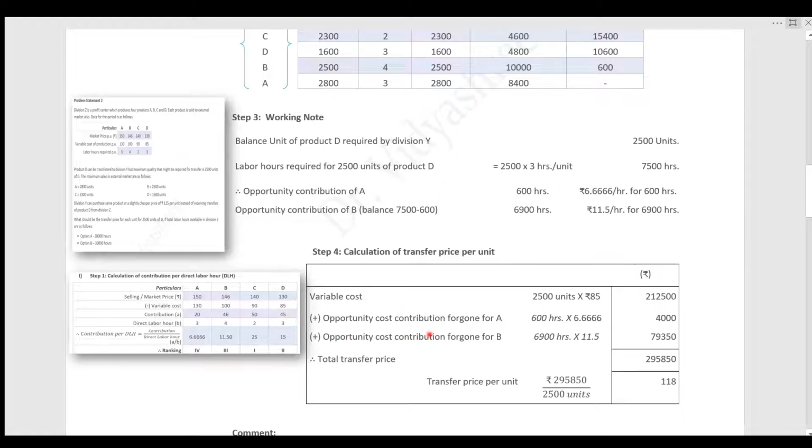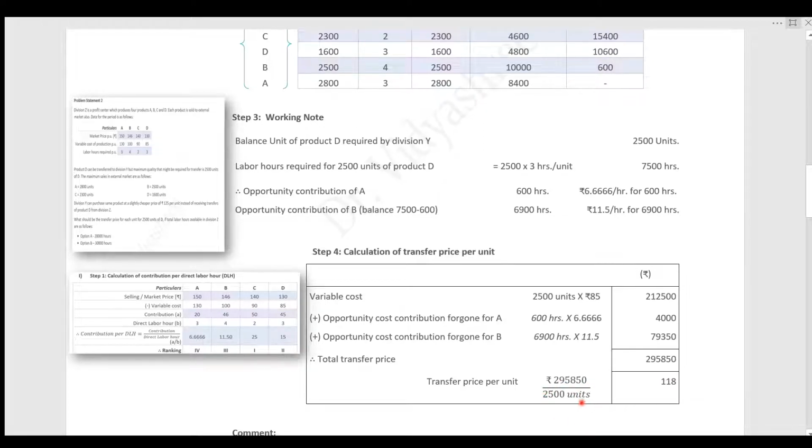Add the opportunity cost contribution foregone for A. Just now we have calculated this, 600 hours into its contribution. The next one is opportunity contribution foregone by B. Just now we have calculated 6,900 into 11.5. We got this much. So add both the things, you will get total transfer price. If you want to specify per unit, then take the total transfer price divided by number of units.